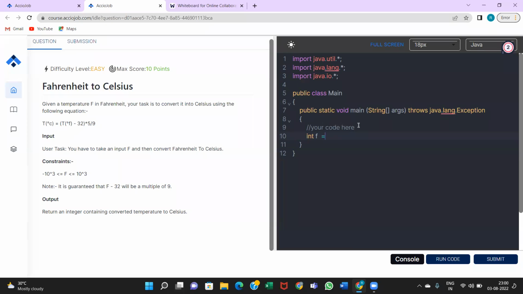So first of all, we'll create a scanner. After that, we'll take the input. Your temperature in Fahrenheit is actually sc dot.